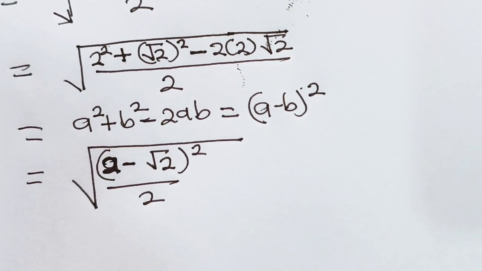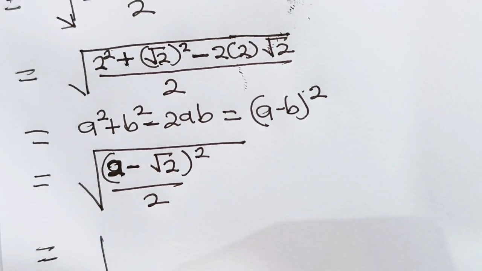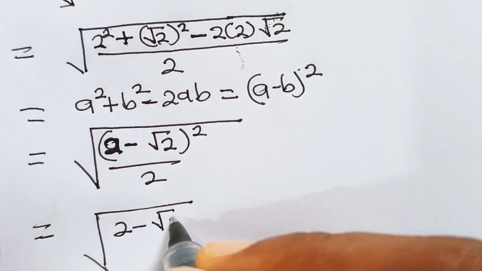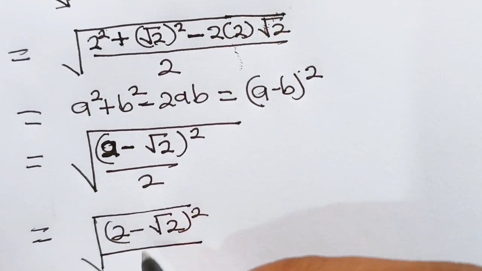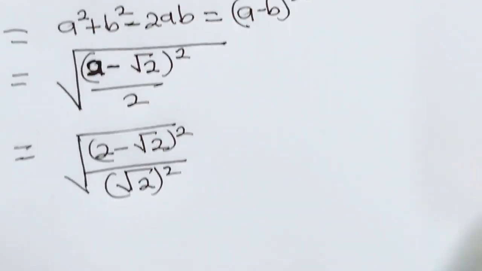All right, now we have this to be equal to the square root of (2 − root 2) raised to the power of 2 divided by 2, which is the same thing as the square root of 2 raised to the power of 2.